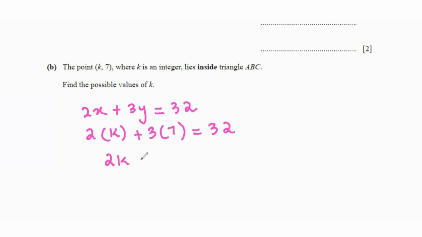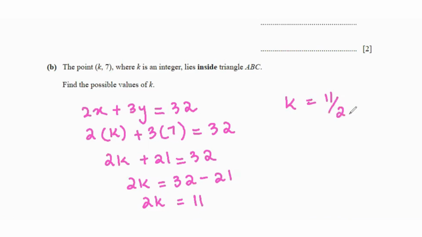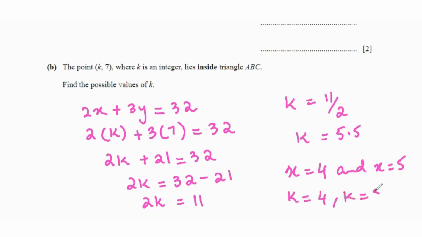That's going to give us 2k plus 21 equals 32. 2k equals 32 minus 21, which is 11. So k equals 11 over 2, which is 5.5. So 5.5 is between x equals 4 and x equals 5. So the possible values of k are k equals 4 and k equals 5.